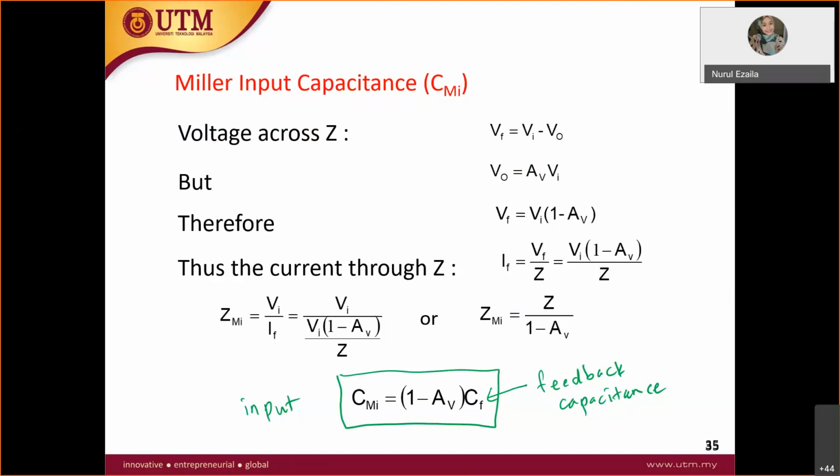If they want you to do the high frequency analysis, you have a long story where you start from the mid gap. You have to find the voltage gain and everything first, then only will you be able to analyze the high frequency response because you need the value of voltage gain. So 1 minus AV CF.